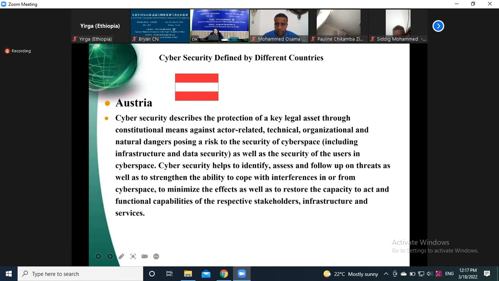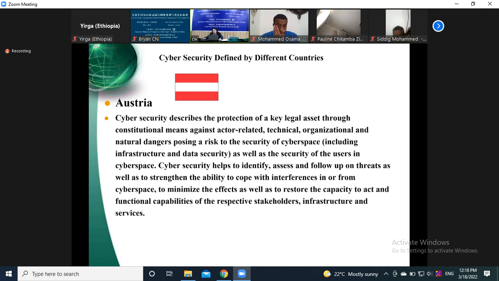The cybersecurity defines the protection of the cyberspace through consistent means against actual, technical, organizational, and natural dangers that pose a risk to the security of the cyberspace, as well as the security of the users in the cyberspace.